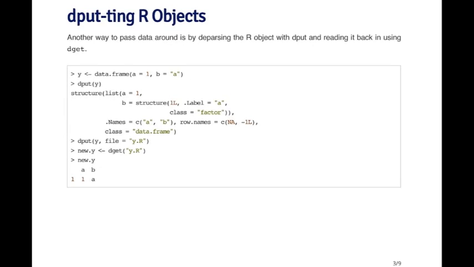Now, of course, you generally don't want to print this to the console. It's not particularly useful. You probably want to save it to a file. So you can dput the object to a file, and then later on, you can read it into R using dget. When you dget the object, you'll see that you've reconstructed the object from before. So the dput function essentially writes R code, which can be used to reconstruct an R object.